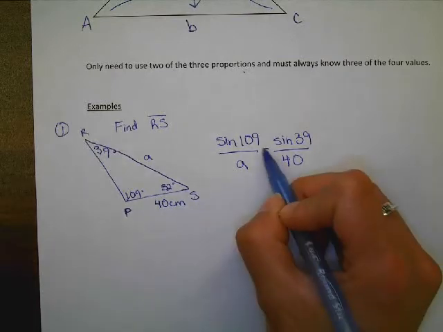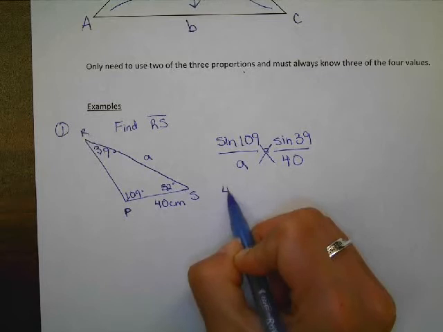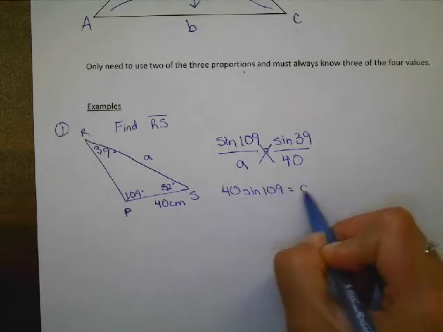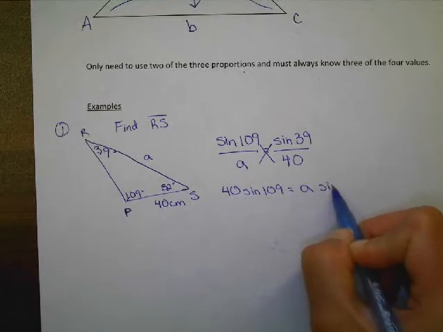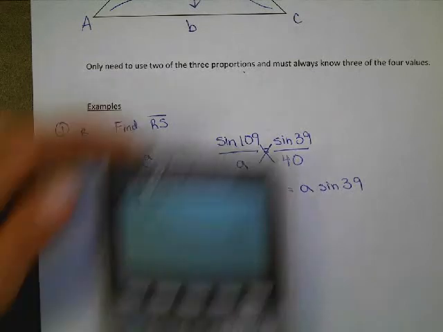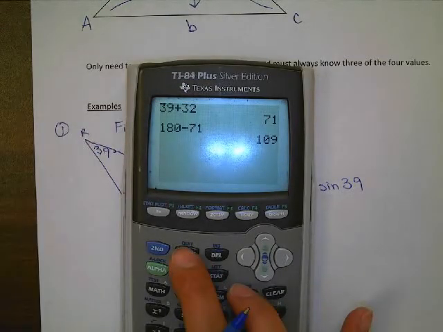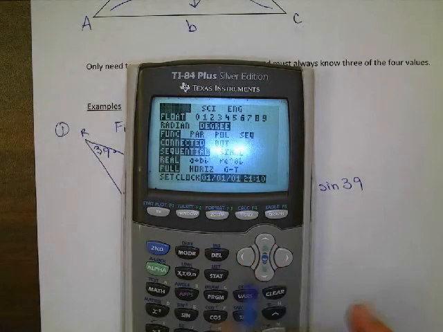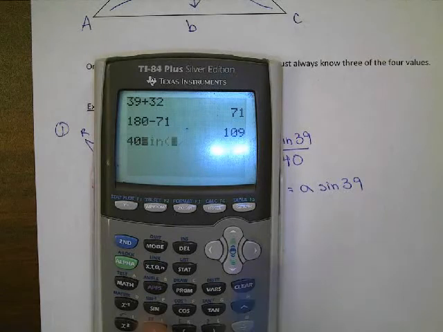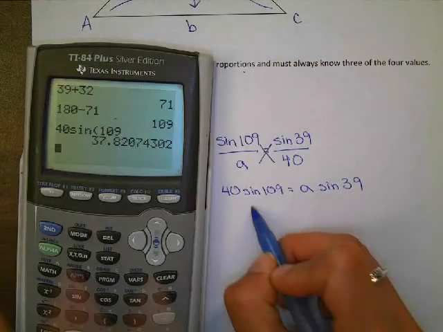Now from here, we're just going to cross multiply. So I have 40 sine 109 equals A, which is what we're looking for, times sine of 39. So go to our calculator here. Make sure you are in degree mode. So go to mode, and I am in degree mode. So I'm going to type in 40 sine 109 and see what that is. That is 37.82.